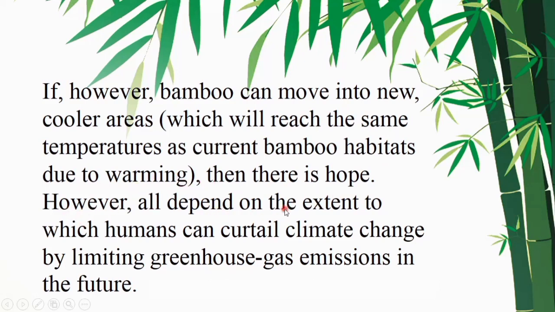However, it all depends on the extent to which humans can curtail climate change by limiting greenhouse gas emissions in the future. That means these bamboo habitats could be taken to another place where, due to global warming, the temperature will ultimately reach the temperature suitable for these bamboo species to grow.